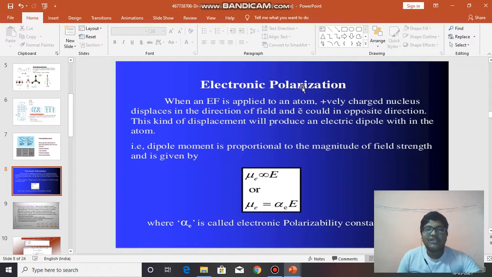This displacement will produce an electric dipole within the atom. The dipole moment is proportional to the magnitude of the field strength, given by mu directly proportional to E. We place alpha e, the electronic polarizability constant, in place of the proportionality.